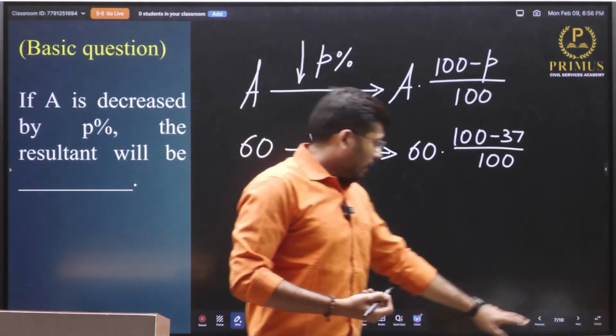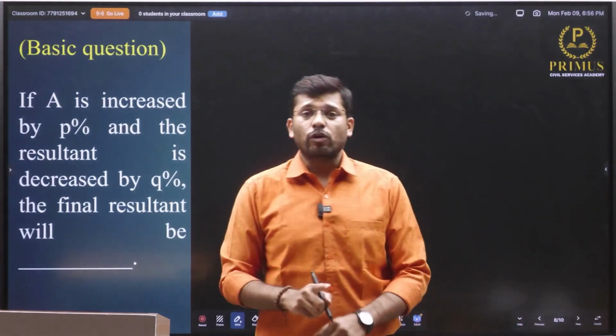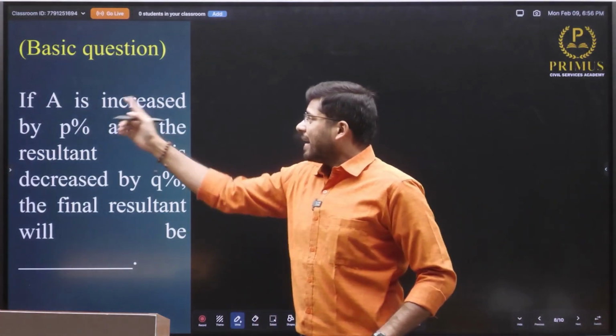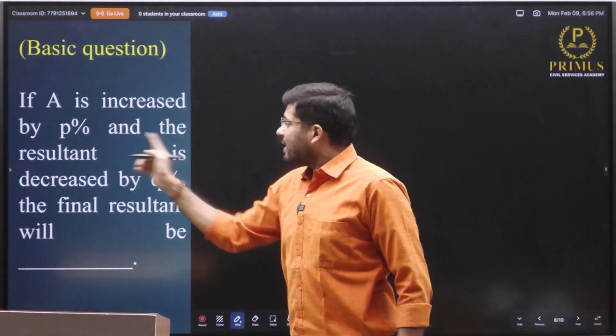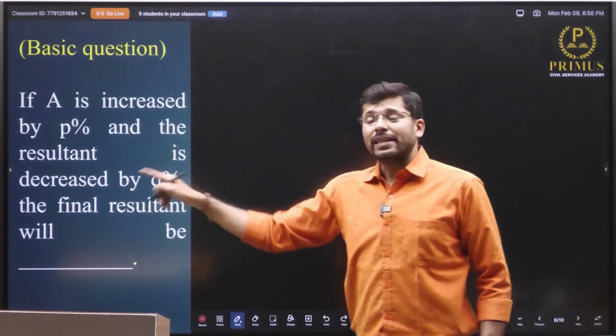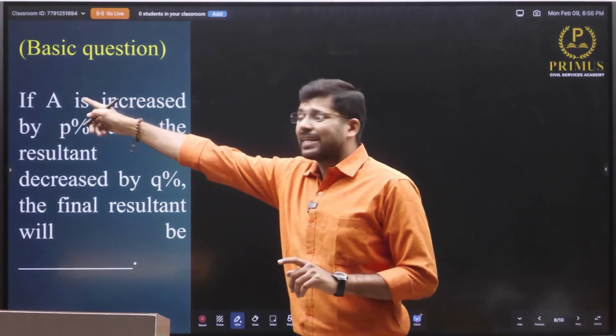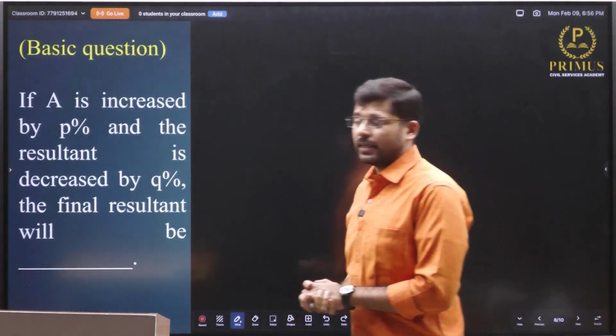Okay. Again, we will take a look at one more basic concept before we go to exam level question. If A is increased by p% and the resultant is decreased by q%, then the final resultant will be how much? So see, first let us increase A by p%.